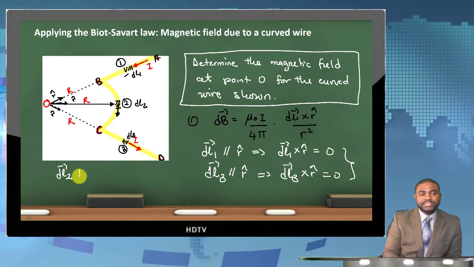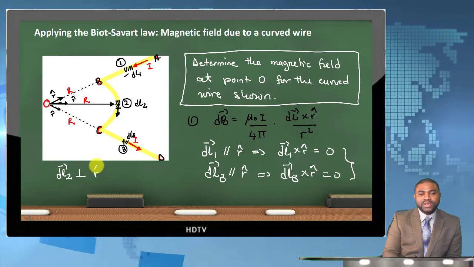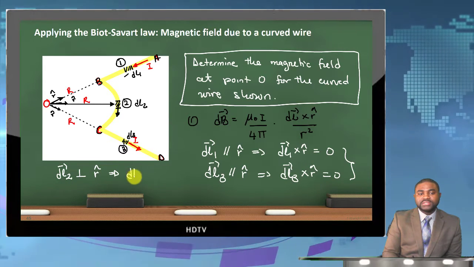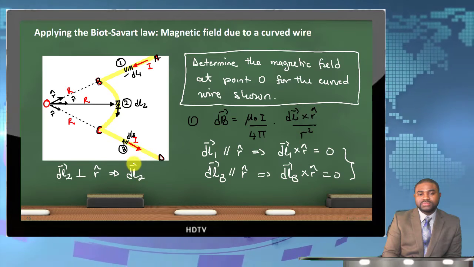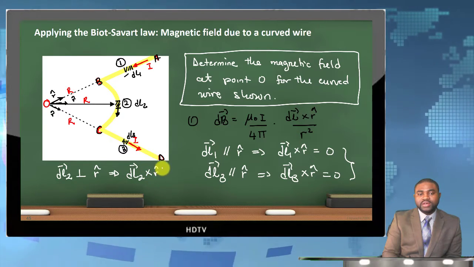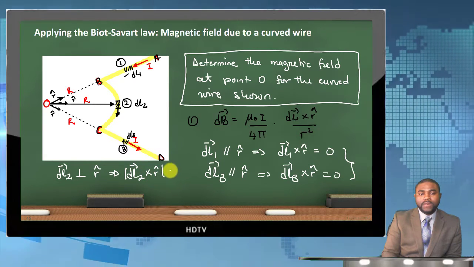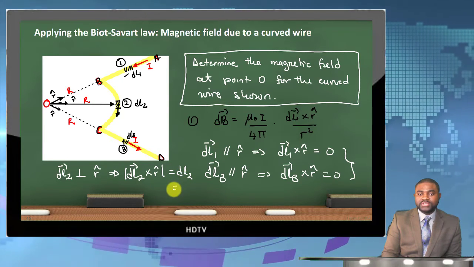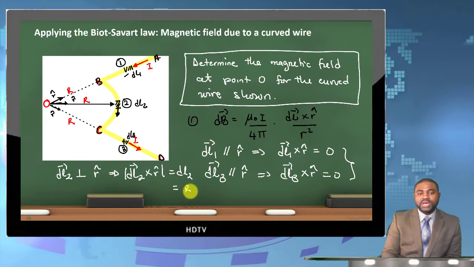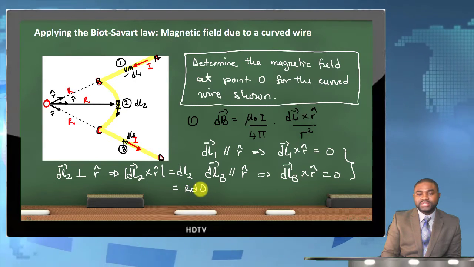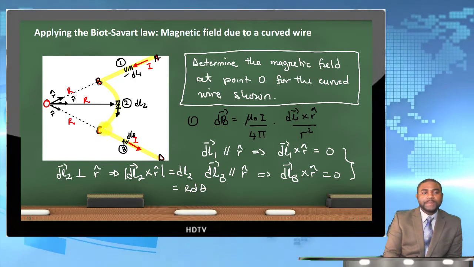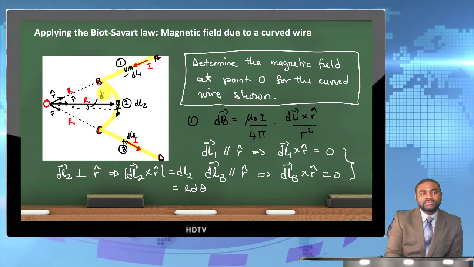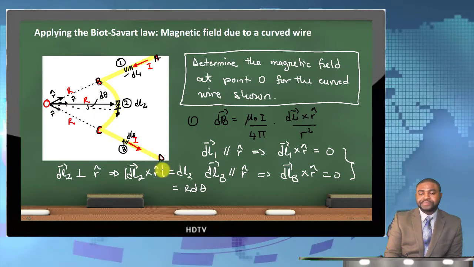Now, dl2 is perpendicular to r cap, which means that dl2 cross r cap is just going to be equal to dl2, which in turn will be equal to r d theta, where theta is this angle, that is d theta.